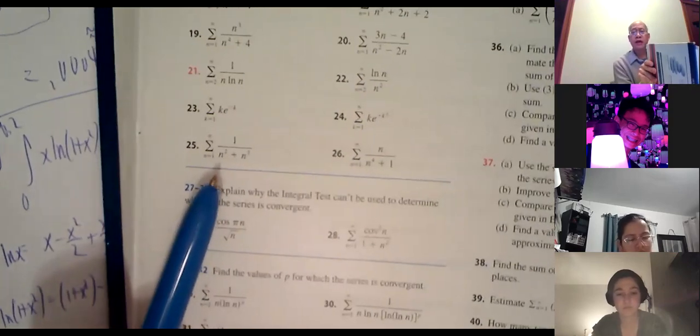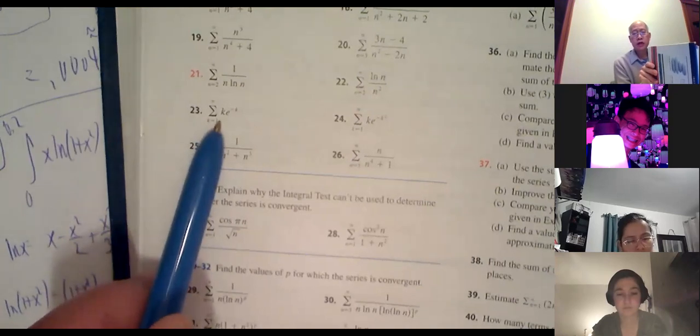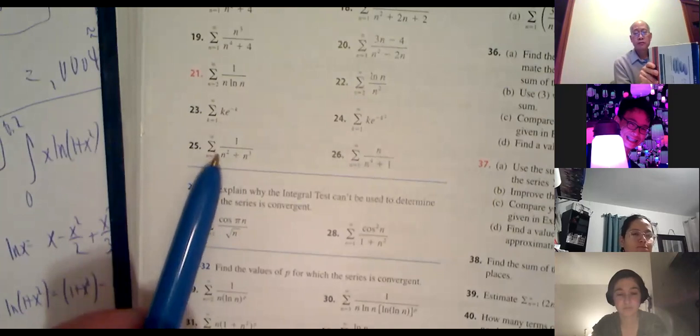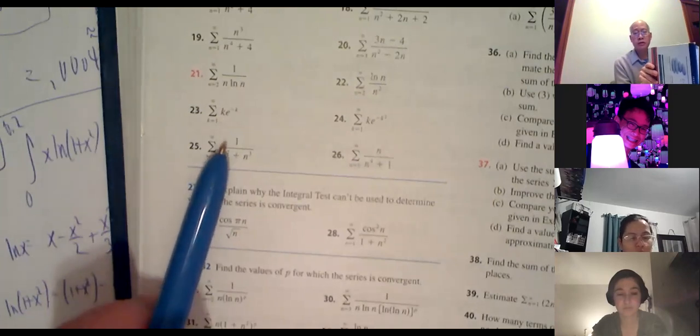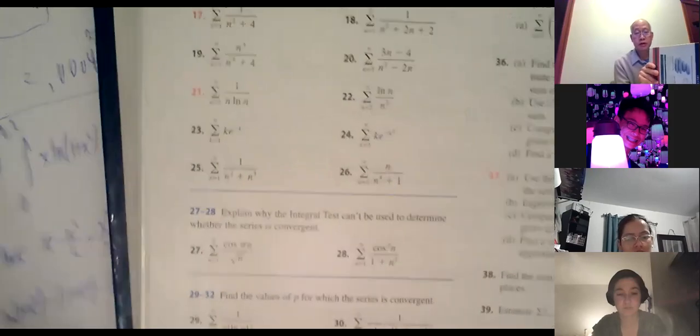You know that for super big n, the n squared drops out. Okay, so for 23, I would use the ratio test. Pretend it's k over e to the k. 25, do a limit comparison test to summation 1 over n cubed. Okay, so maybe I'll show you 25 in that fashion.